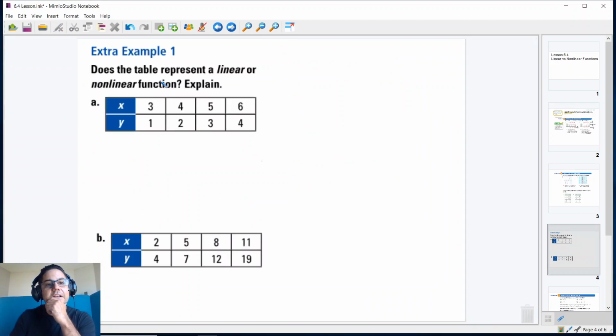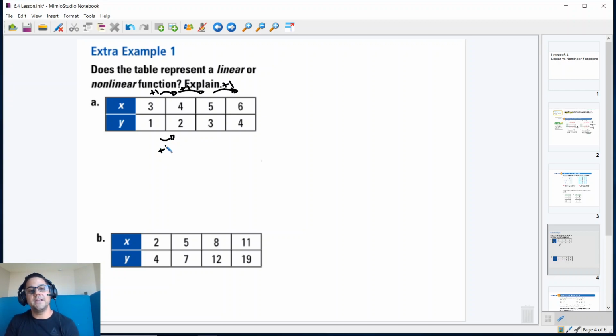Looking at this, does the table represent a linear or nonlinear function? You've got 3 to 4, well, that's a plus 1. 4 to 5, and 5 to 6. So it starts off good, but if you remember, on our previous one it didn't. Now, if it's not constant here on the x's, that does not automatically mean that it's nonlinear. You've got to continue on. So I've got a plus 1.